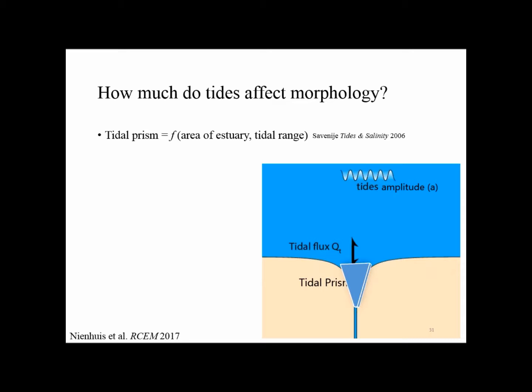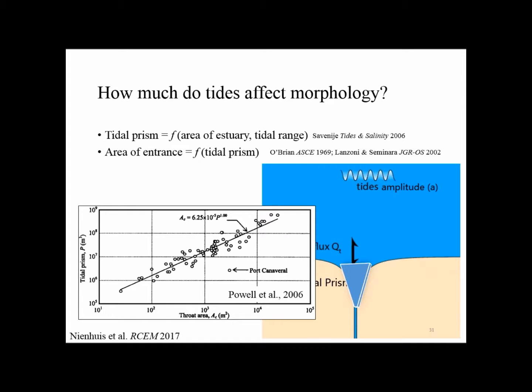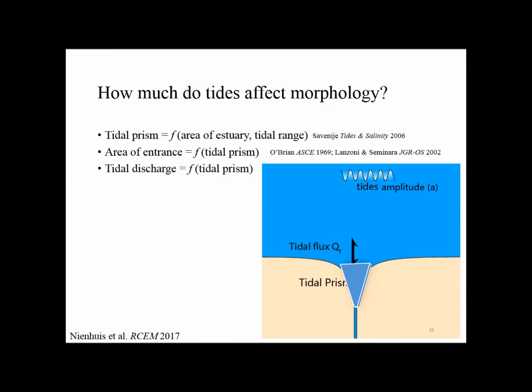This volume should go in and out of the river mouth every tidal cycle. We also know from a lot of empirical studies that this tidal prism affects how wide the throat, or the river mouth, of this particular delta should be. And if we assume some simple sinusoidal tides, we can then relate this tidal prism to a tidal discharge.